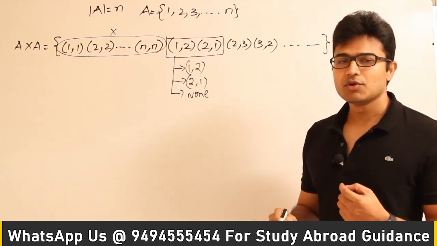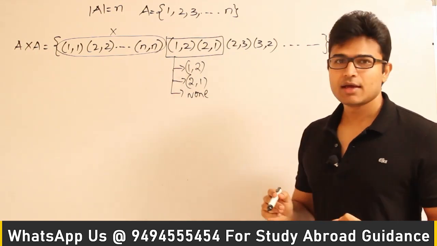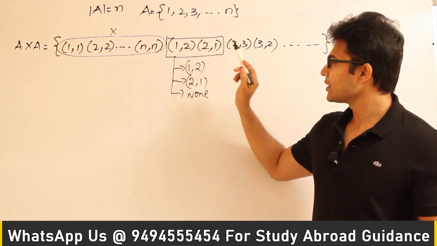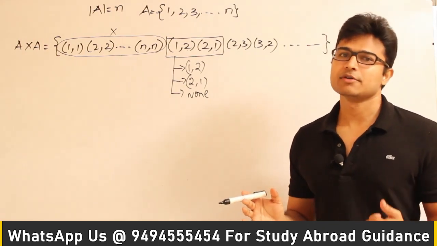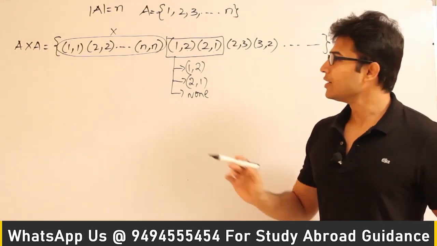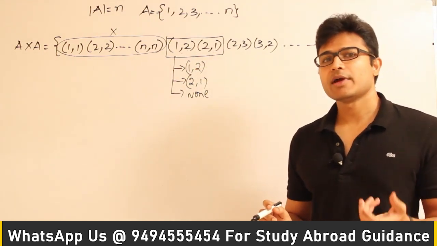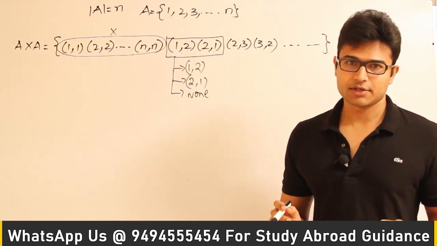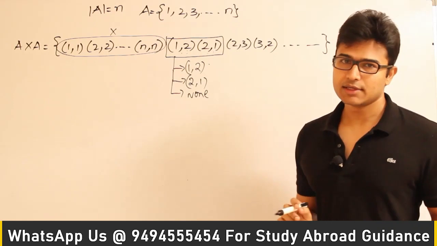If you want to make an asymmetric relation from these pairs, either you take the first one or the second one, or you don't take anything. If you take both of them, then we might get a relation which is not asymmetric. Therefore for every two elements we are going to get these three cases.